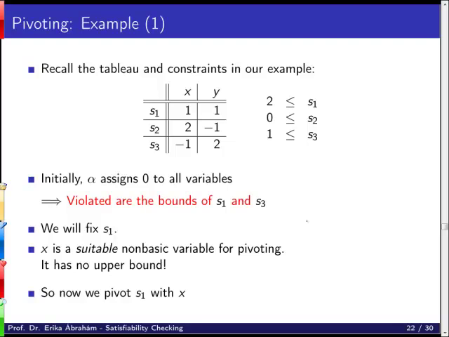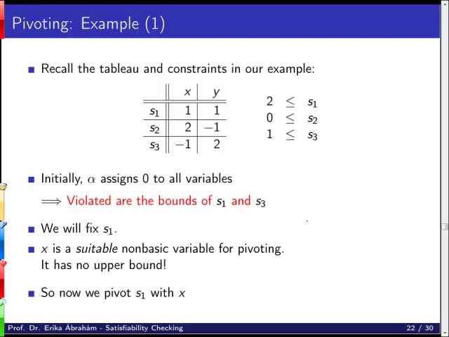Now we have to search for a variable that is suited for pivoting. For S1, both variables are suited because their coefficient is not 0. So they indeed put a certain part to this sum on the right-hand side, and they have no bounds, so I can pull them as I like. Let us now choose x.